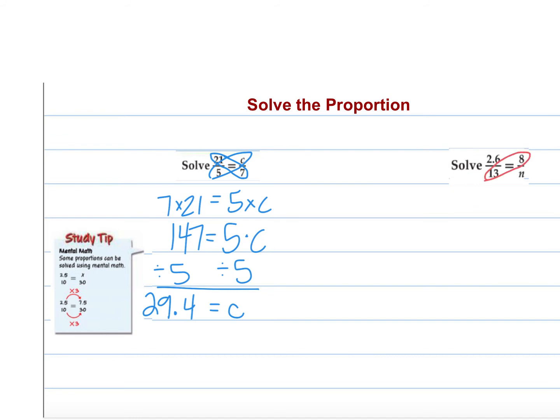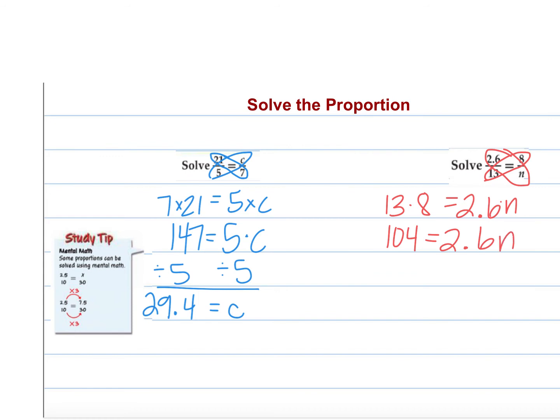Multiply the two diagonals together, so 13 times 8 and 2 and 6/10 times n. So let's figure out 13 times 8, which is 104, equals 2 and 6/10 times n.